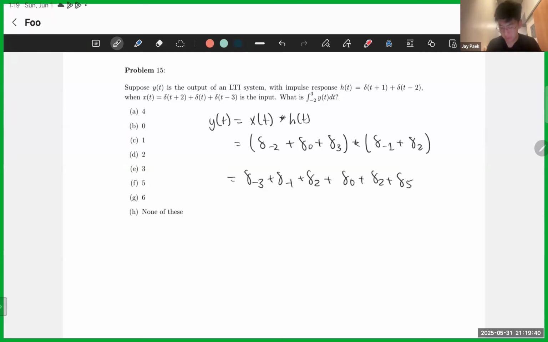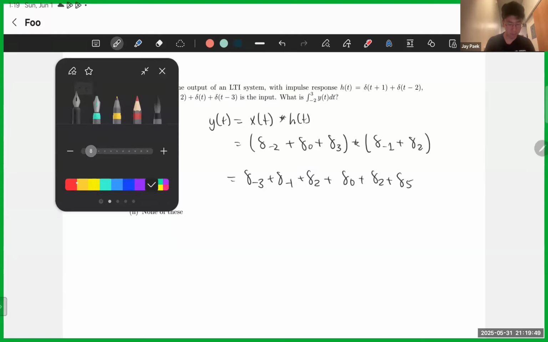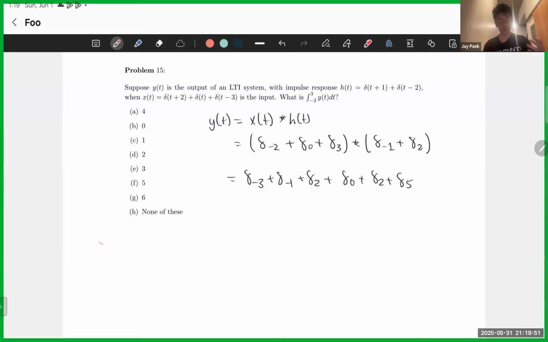I just convolved 3 delta functions with a sum of 2 delta functions, just like that, in under 20 seconds. That's the power of the polynomial interpretation of delta functions. So please consider building a strong foundation with regards to using that kind of method. And so we realize that we're integrating the delta functions from -2 to 3.